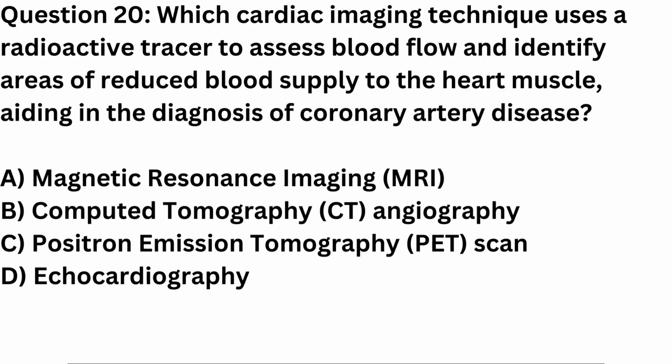Question 20. Which cardiac imaging technique uses a radioactive tracer to assess blood flow and identify areas of reduced blood supply to the heart muscle, aiding in the diagnosis of coronary artery disease? A. Magnetic resonance imaging, MRI. B. Computed tomography, CT, angiography.